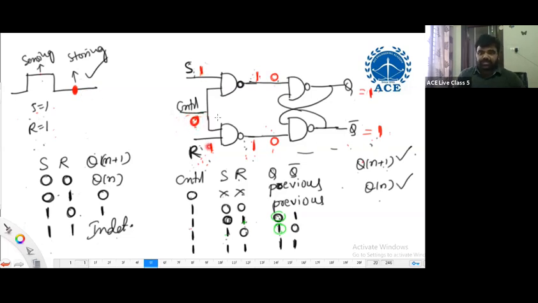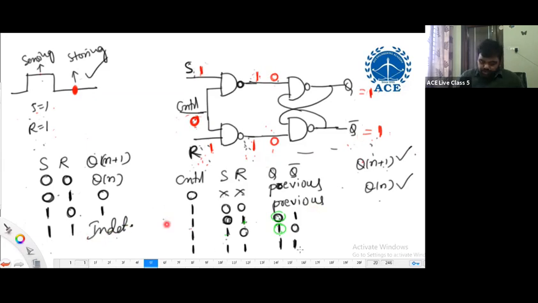Irrespective of SR, we get 1, 1 here. Already we have 1, 1, and you are applying 1, 1. Now Q and Q bar may be 0, 1 or 1, 0. Which one is correct? It cannot be determined. That's what we write as indeterminate.